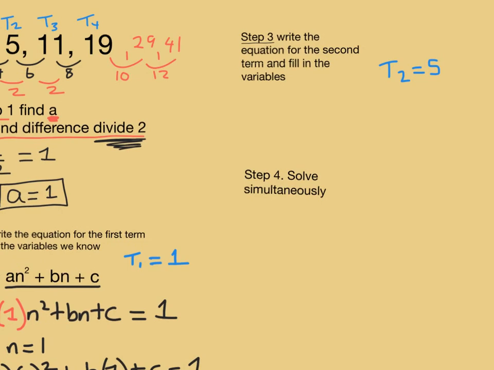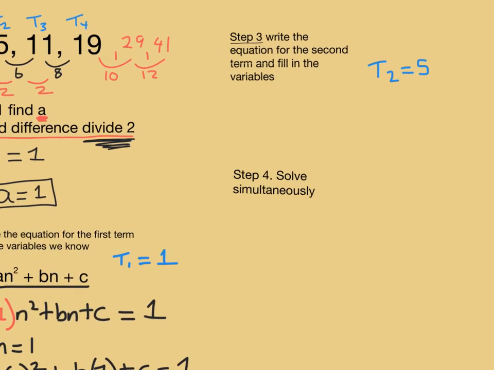So just bringing it over here, writing the equation for the second term. So you will see now, we're going to use this Tn formula again. So I'm just going to write it out. Tn is equal to an squared plus bn plus c. Now I know that T2 is going to be equal to 5, because we have it up here.